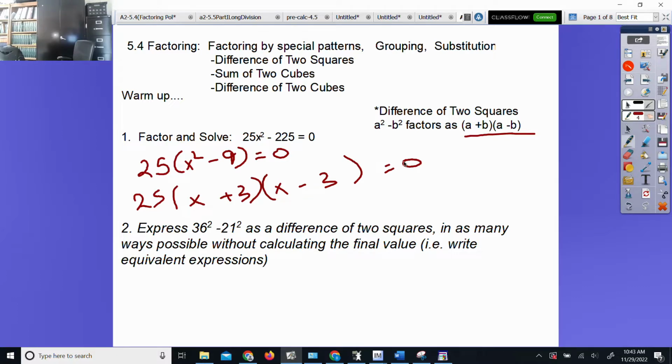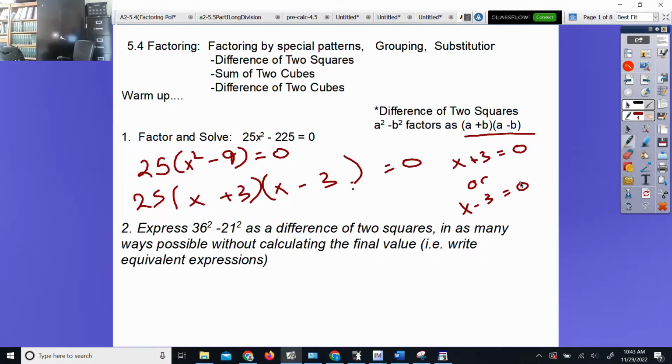What's it say about x minus 3? What's it say about x plus 3? It doesn't make any sense to say 25 equals 0, does it? So x plus 3 is 0, or x minus 3 is 0. One or both of those are true.